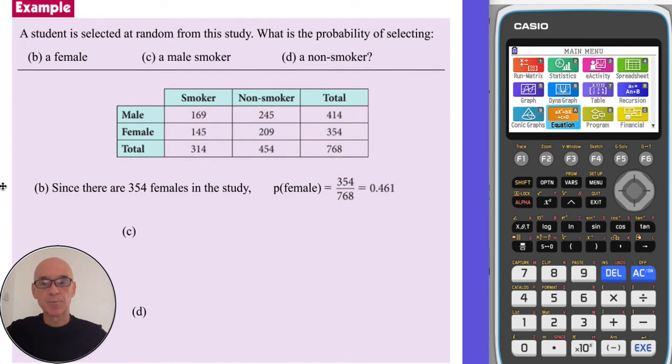To calculate the probability of selecting a male non-smoker, we identify that there are 169.